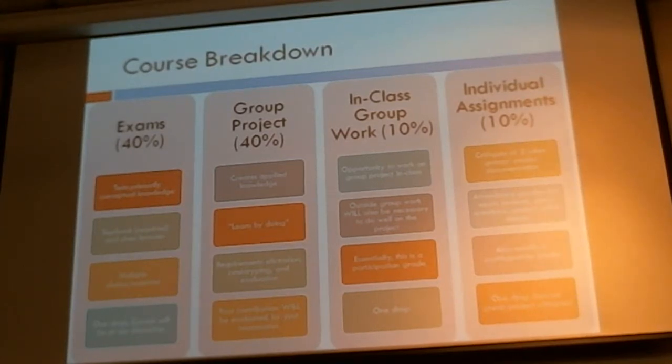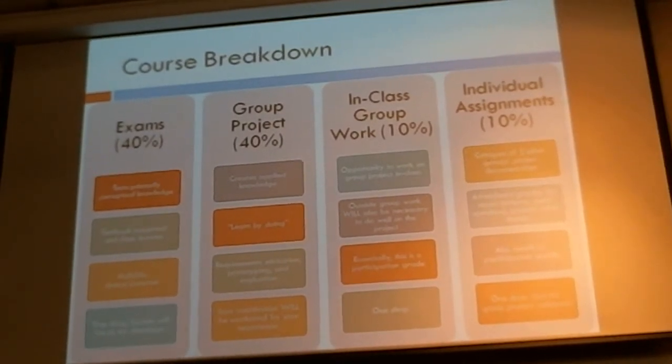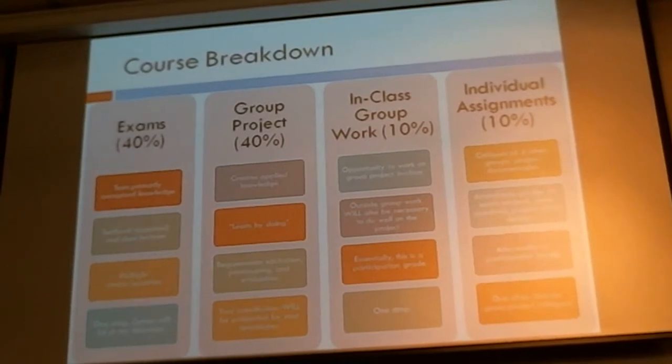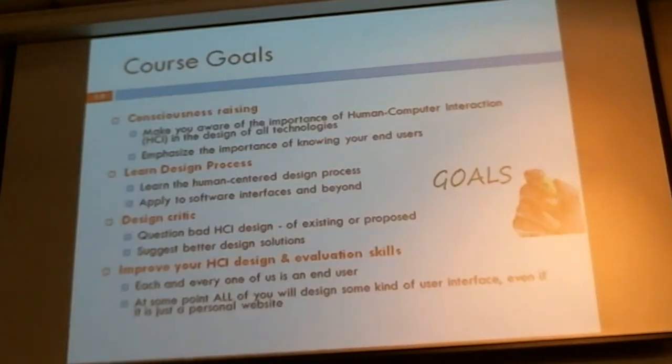About 5-ish maybe from each student, right? So that feedback can be used to improve your final prototypes for your group projects, okay? So we're not only going to be designers in this class, we're also going to be critics, okay? I'll go over this in more detail in the syllabus.